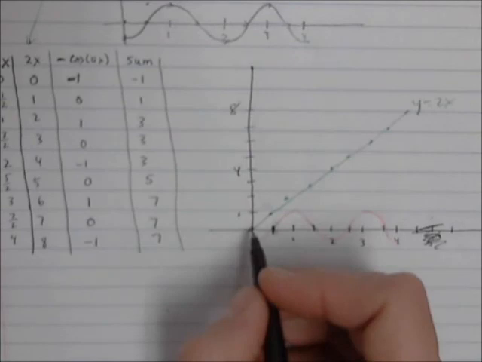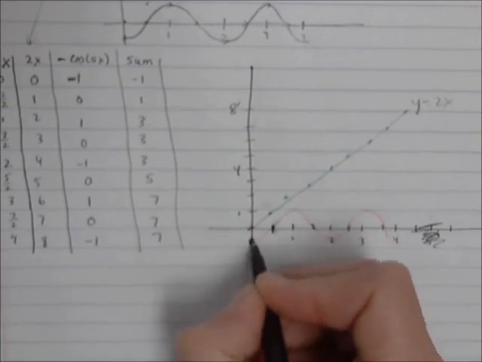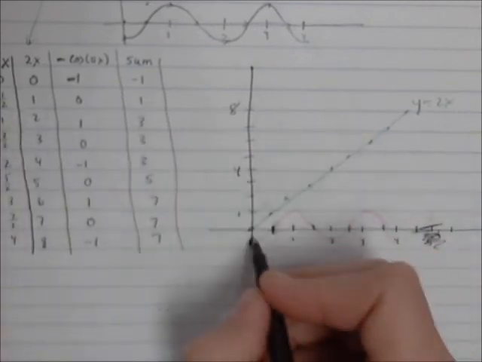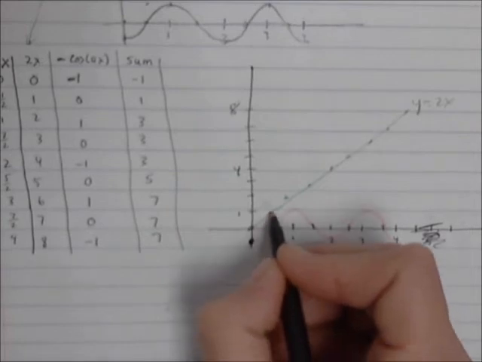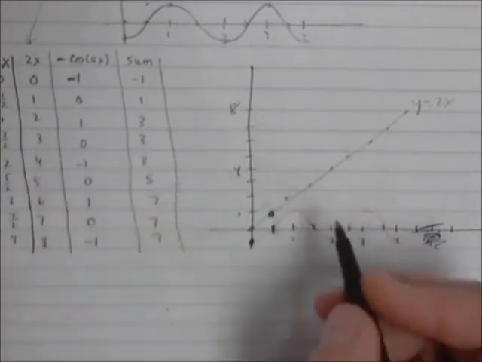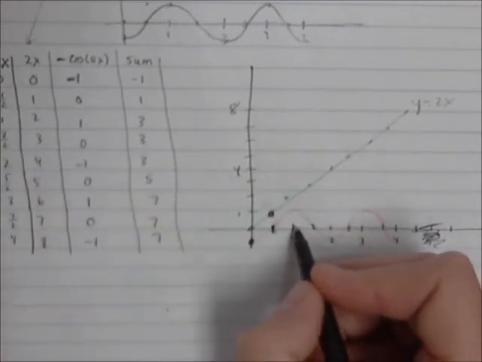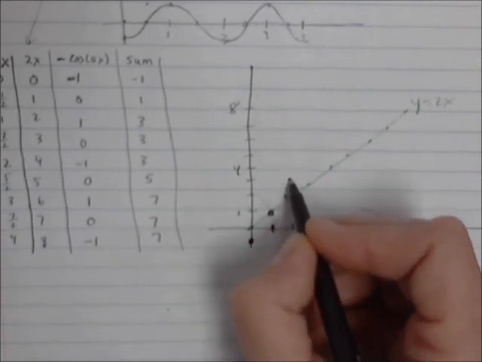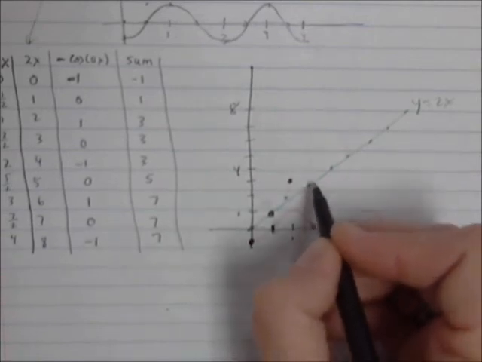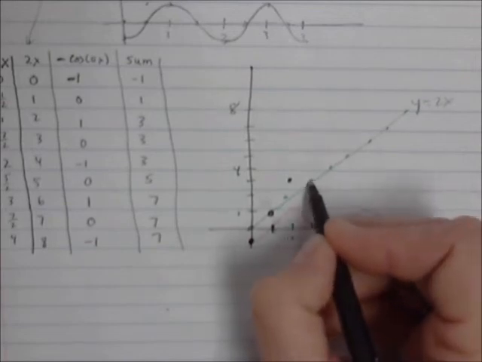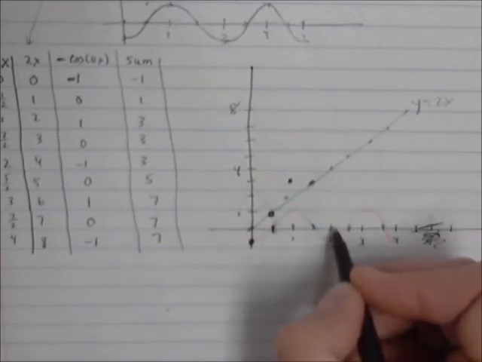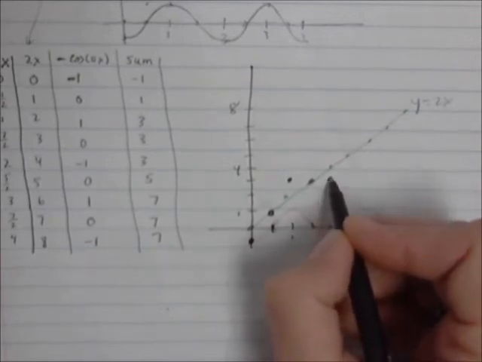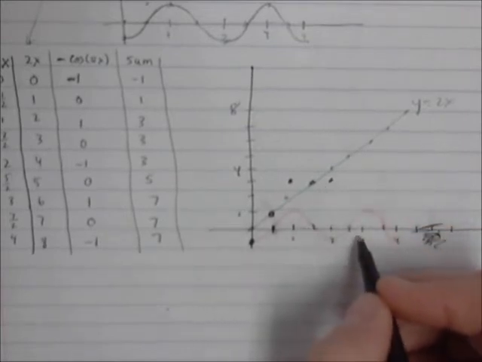So 0, negative 1 is the first point. 1/2, 1 is the second point. 1, 3. 3/2, 3. 2, 3. 5/2, 5.